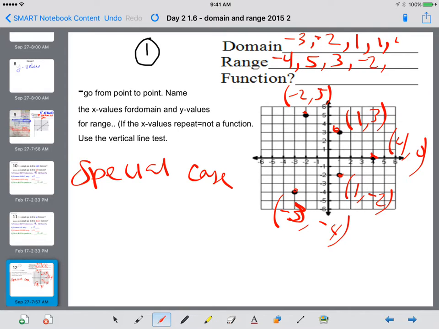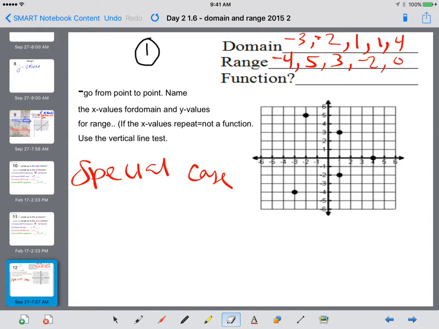So 4 goes in our domain, 0 in the range. Now, to determine if it is a function or not, you can notice that the x values repeat themselves. Or you could draw a straight line that goes through these two points right here and determine that this is not a function.